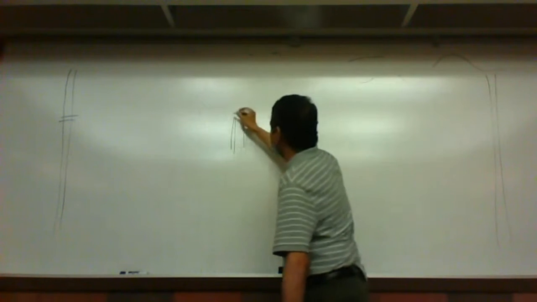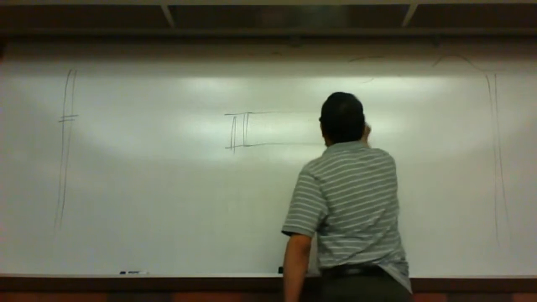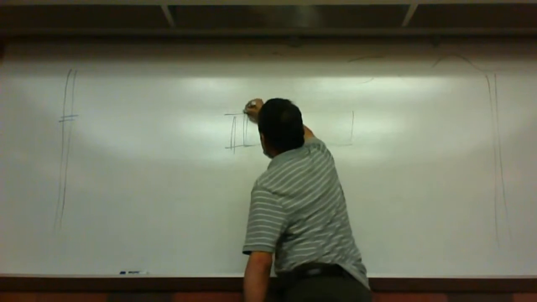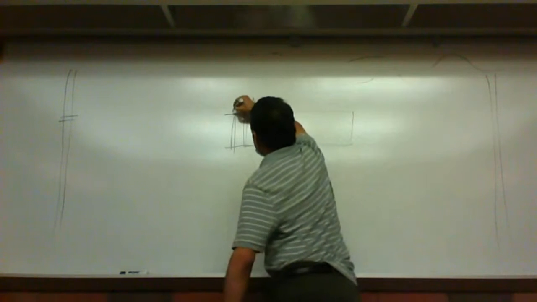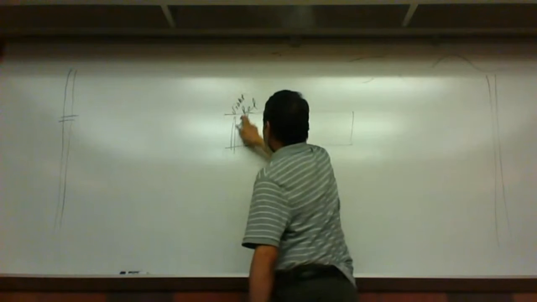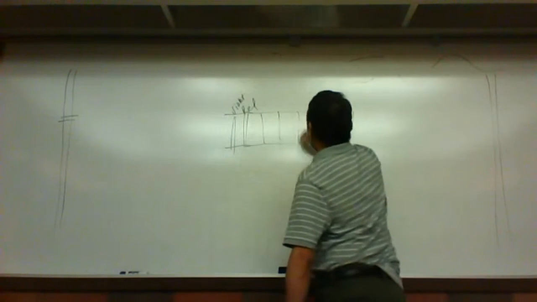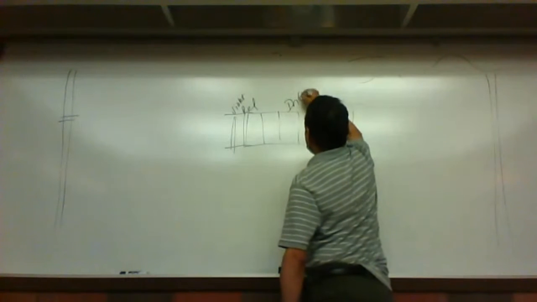So this region we can see. Between violet and red we can see, but these rays beyond red are called infrared. This is called the infrared region.